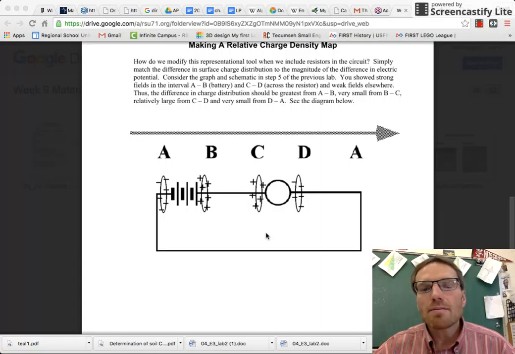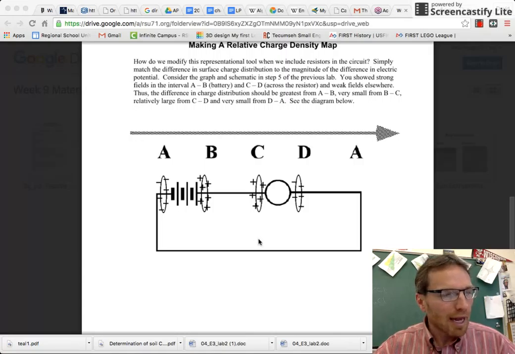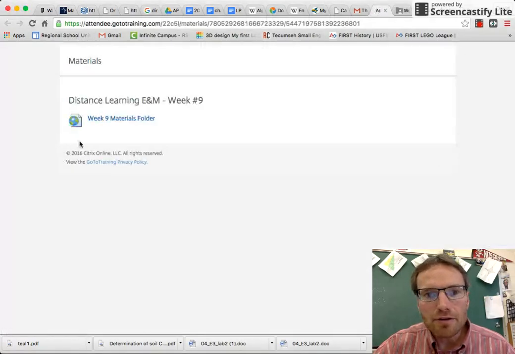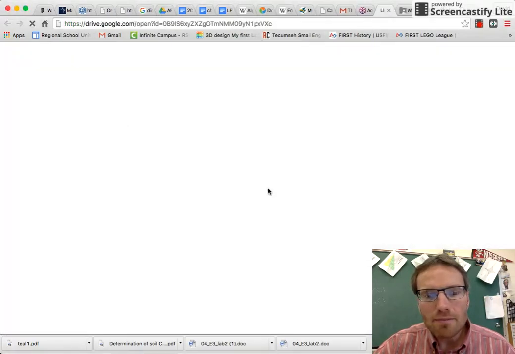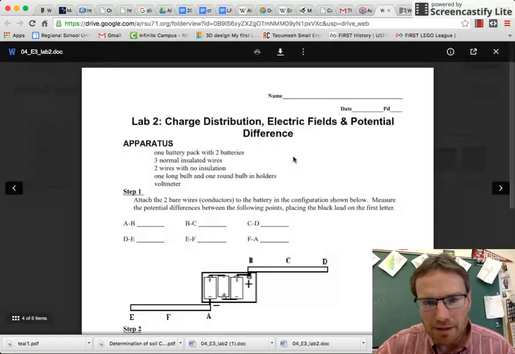are directed. And so for the lab, lab 2, when we were doing the lab in step 6, we had to draw the direction of the electric fields. Let me get back to lab 2, so that we can have a common talking point.